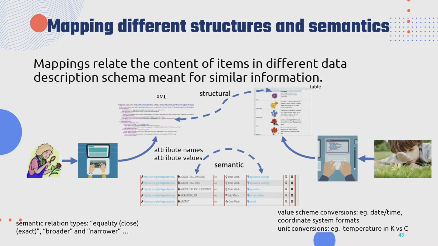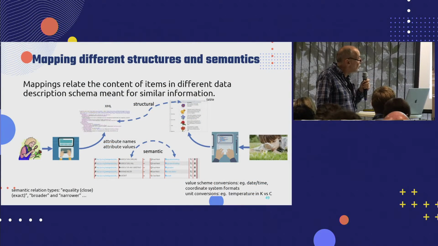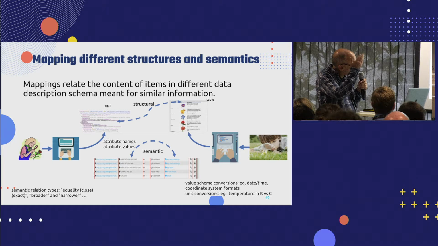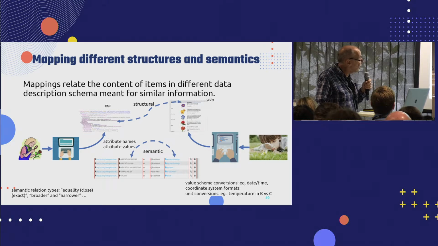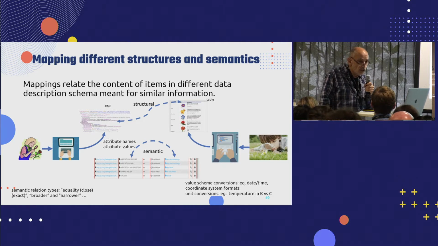There are a few levels in describing these relations. One is structural. You have to map the structure of the table onto the structure of the XML file. Next to that, there is the matter of naming. In the map, you name the columns, for instance, so the columns each have a name. In the XML file, you have entity names and you have attribute names. So these two have to be related to one another.